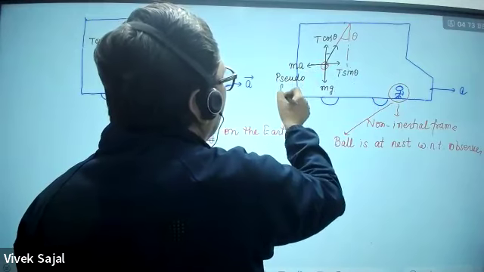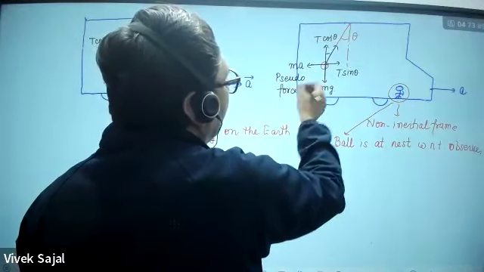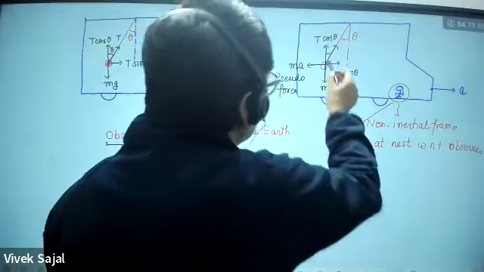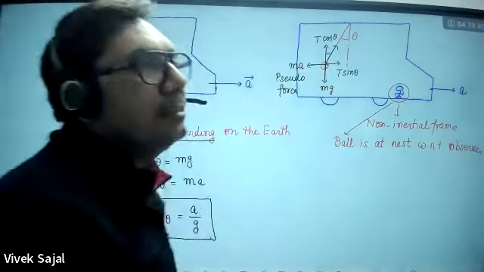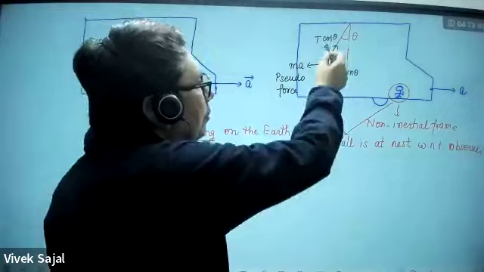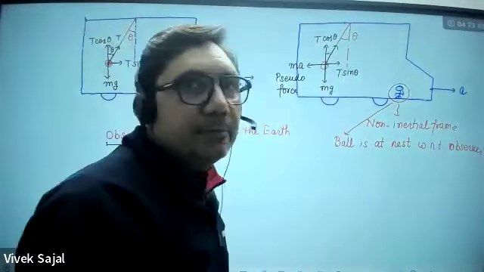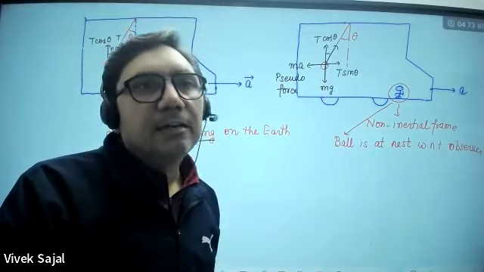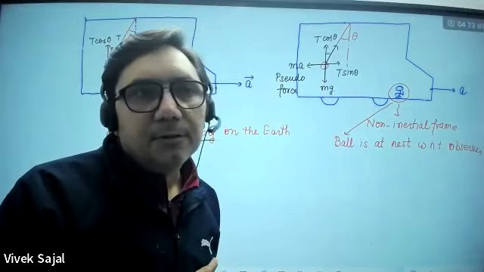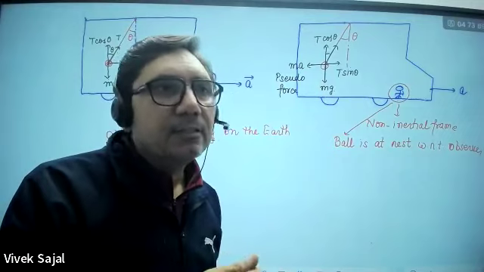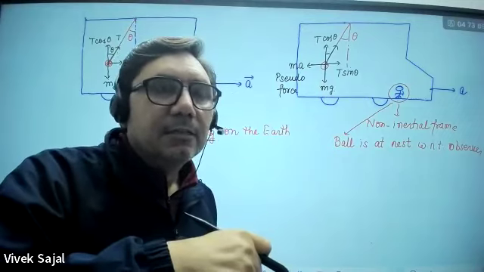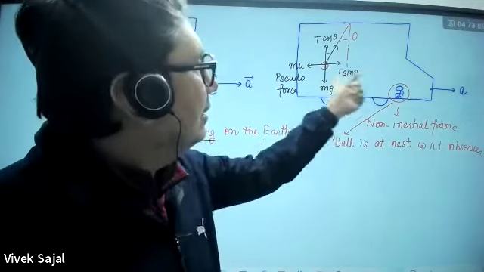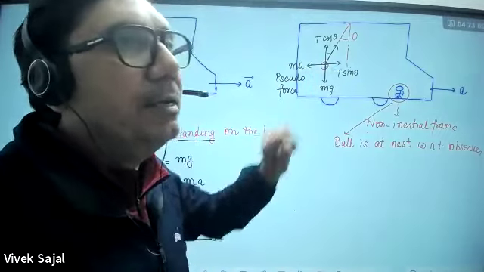And now look, when you consider this pseudo force in this direction, then this pseudo force is going to balance this T sin theta. And this T cos theta will be balanced by this mg. So net force on it will be 0. And when net force acting on it is 0 in this frame, he can justify that it will be at rest.